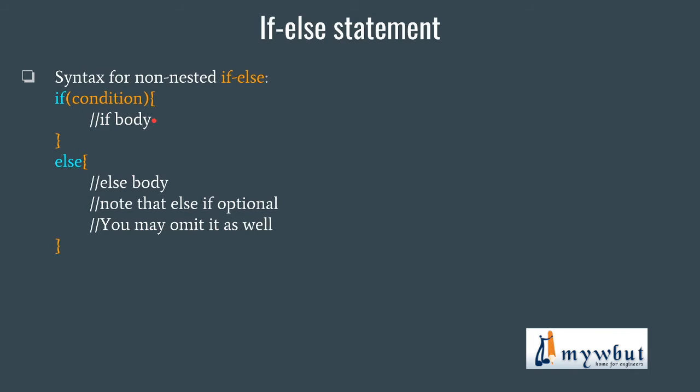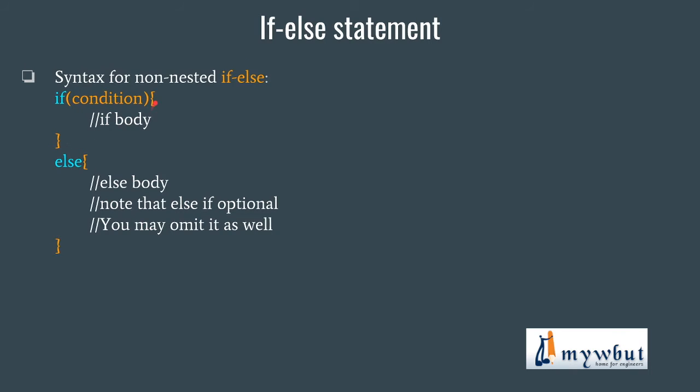Now there are three or four things to note over here. First of all, the if and the else, both of them are keywords. After that, whenever we specify the condition, it is inside a pair of opening and closing parentheses. This condition is placed immediately after the if. Once we place this condition, you will see the braces getting opened.